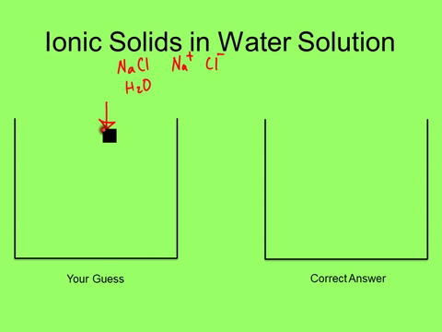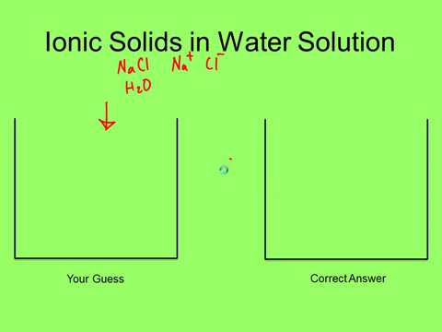You need to draw here in this left box how you think this would look. Example being, you draw a box and you draw your NaCls and Na pluses and Cl minuses where you think they might be in this box. Okay.